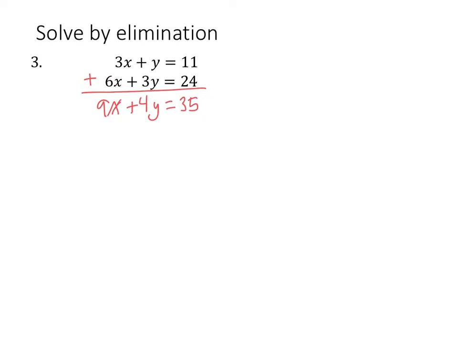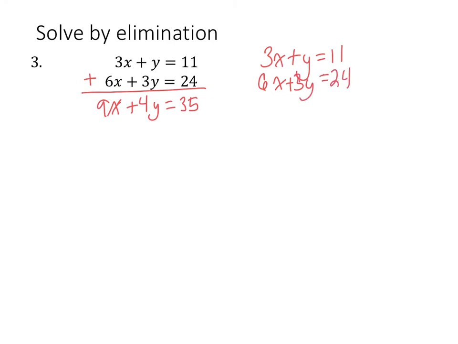I'm going to try to think of something that I can multiply by one of the variables that would be eliminated. I'm going to rewrite my problem here. So I have 3x plus y equals 11, and then 6x plus 3y equals 24.